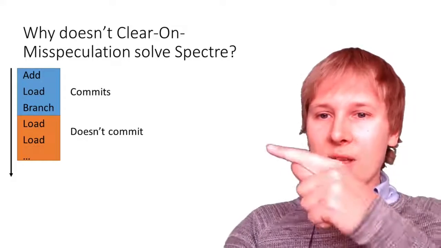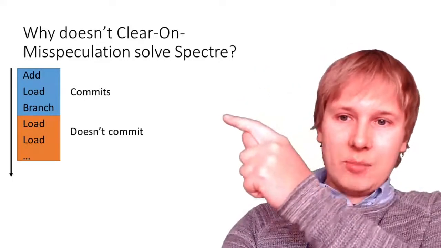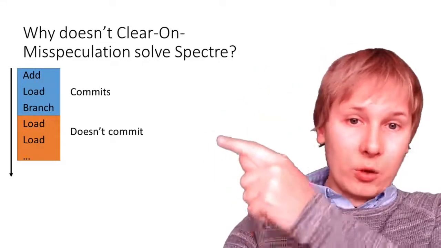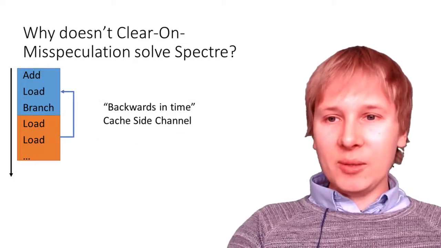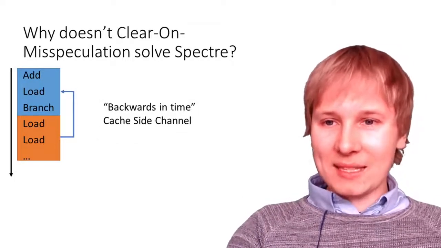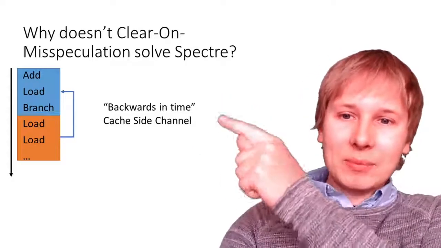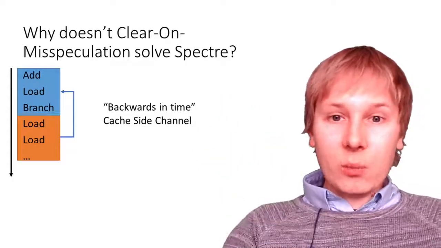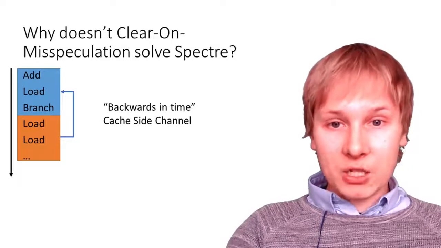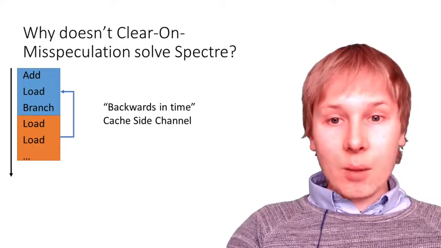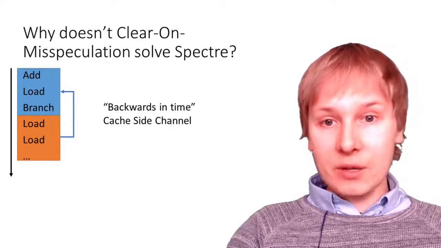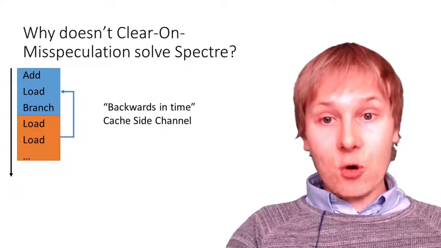Even though those instructions up there will commit, and those instructions down here won't, those will be part of the transient execution gadget. But because they're in the pipeline at the same time, this load here will be able to see any of the effects of all of this, so there will still be a backwards in time cache side channel. Clearing on misspeculation won't be enough to stop you from seeing the bad things that happen that might break your security during speculation.